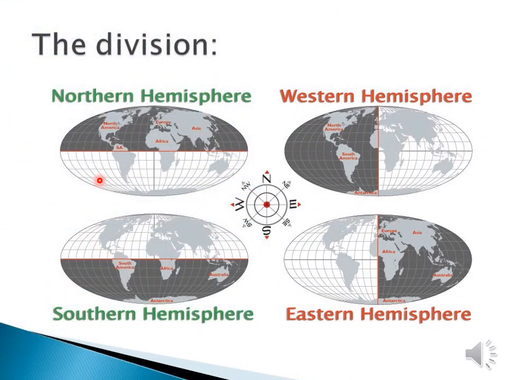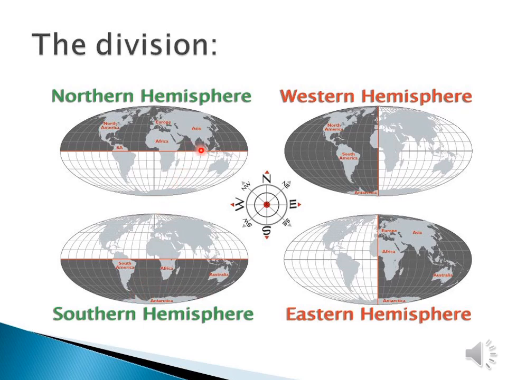Now, the question that comes to our mind is what is a hemisphere? Sphere means a circle. Half of a sphere is known as the hemisphere. So, we can divide a circle in two ways, that is, horizontally or vertically. If we divide the globe horizontally, the upper portion is known as the northern hemisphere and the downside portion is known as the southern hemisphere.